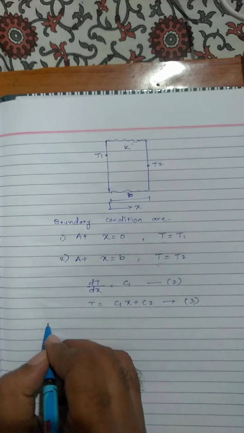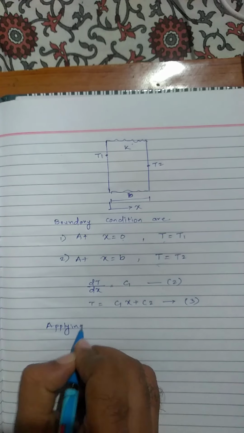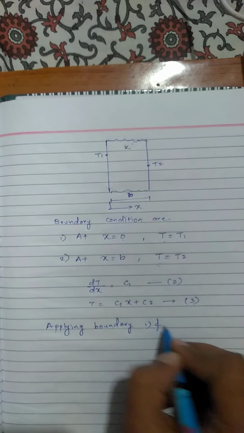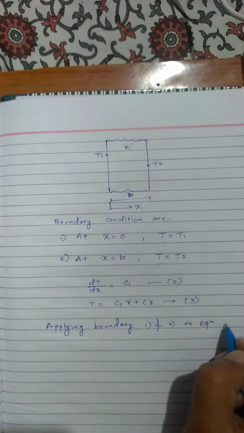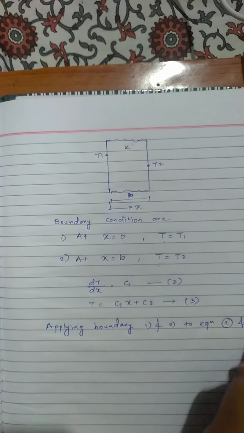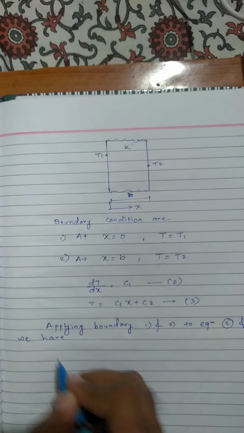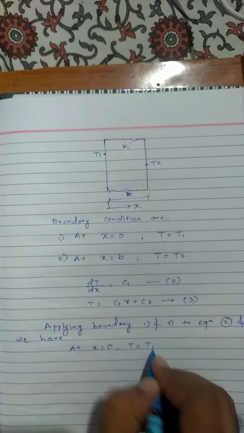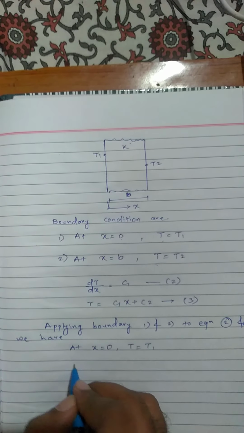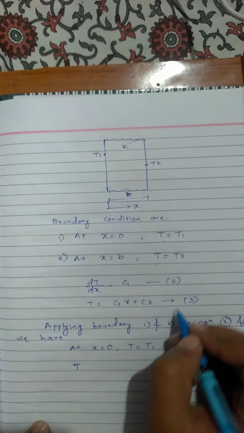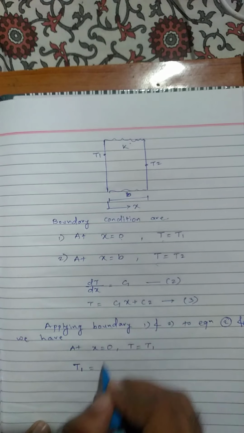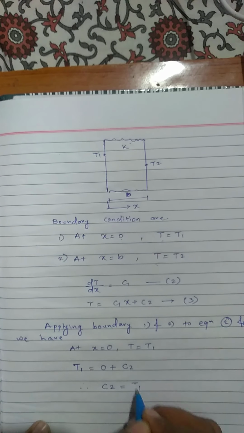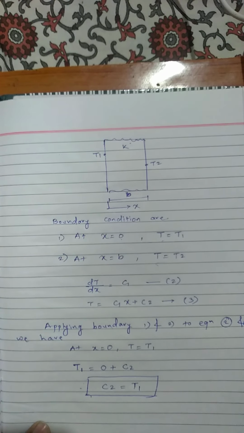Applying boundary conditions 1 and 2 to equations 2 and 3: at x equal to 0, T equal to T1, so equation 3 becomes T1 equal to 0 plus C2. Therefore C2 equal to T1.